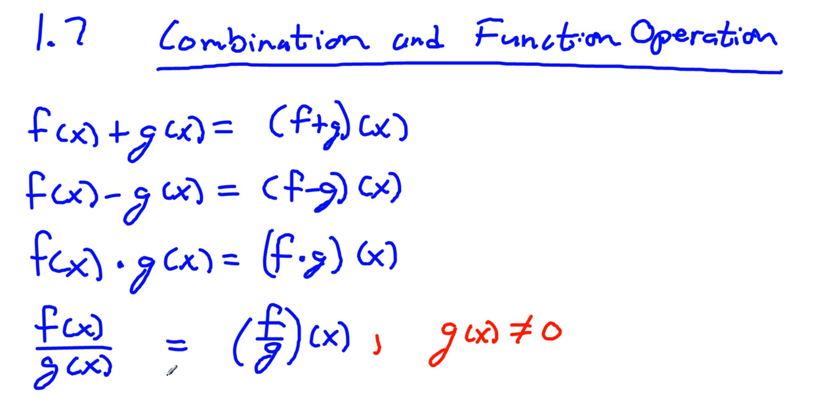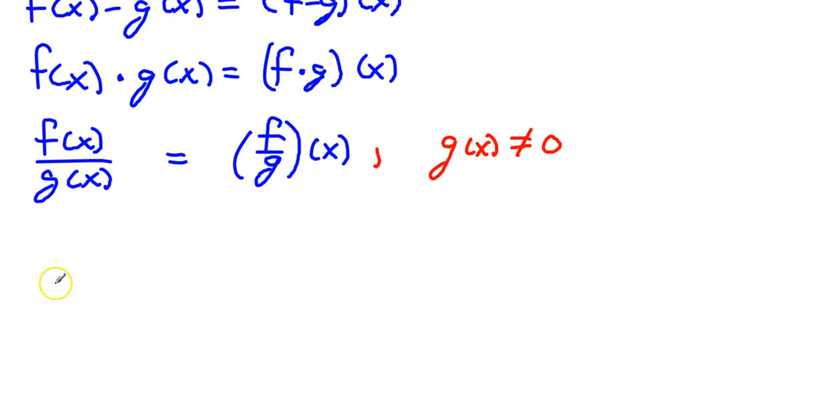Okay, and here's where they'll back up for a second. Because of this one division restriction, they're going to back up and have you do some problems with finding the domain.